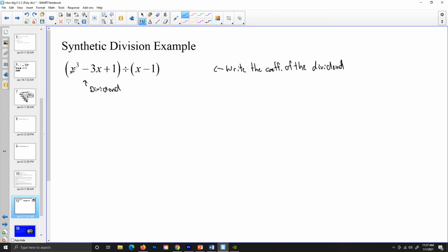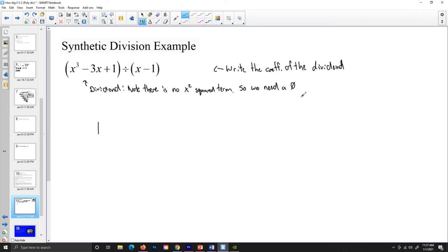So the coefficients, well, I have a 1, and you should note there is no x squared term, so we need a 0.